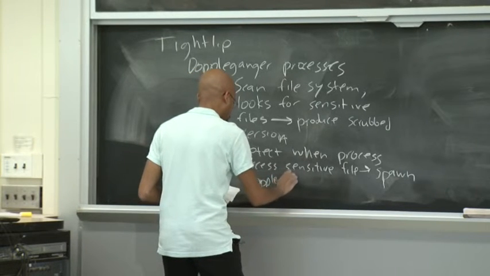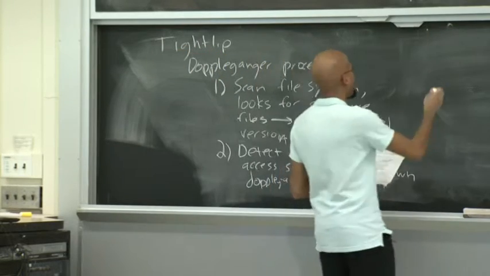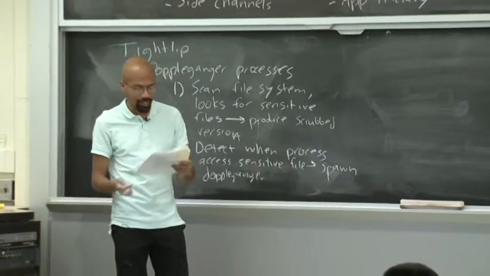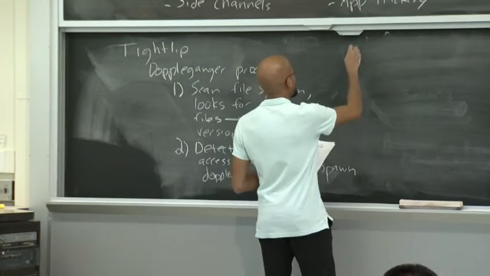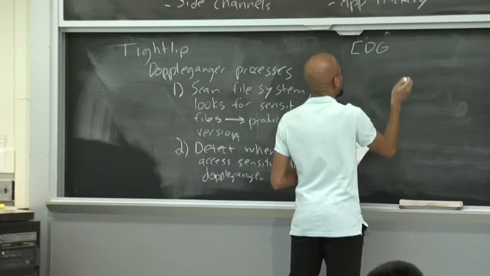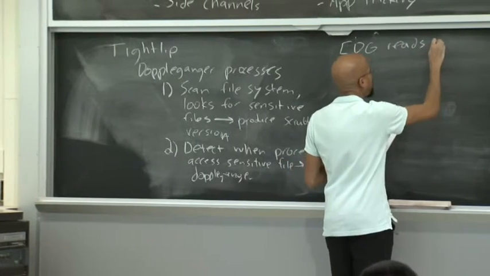The doppelganger process looks very similar to the original process that tried to touch that sensitive data. But the key difference is that the doppelganger, which I'll abbreviate DG, reads the scrubbed data.